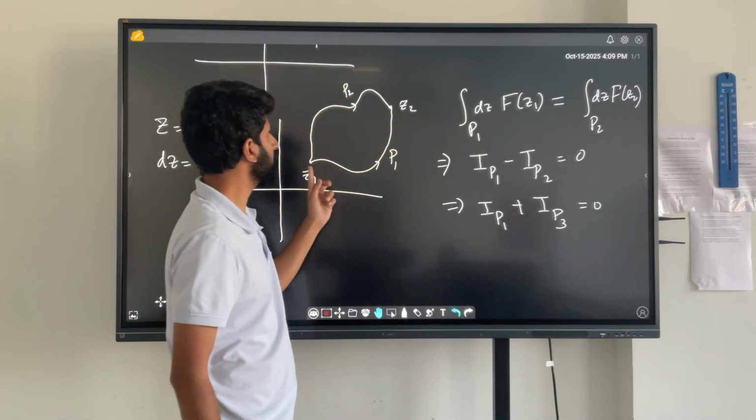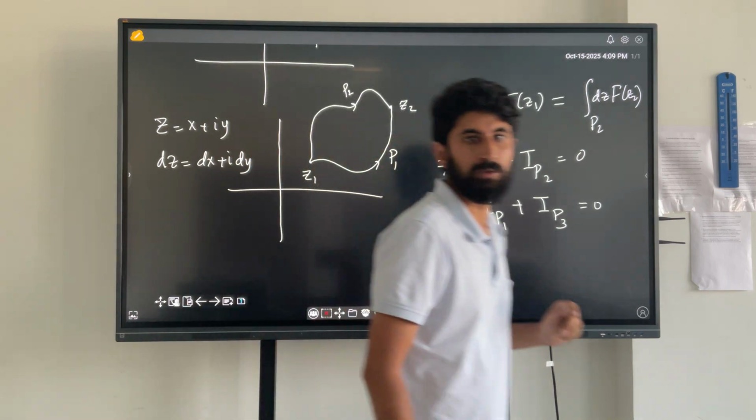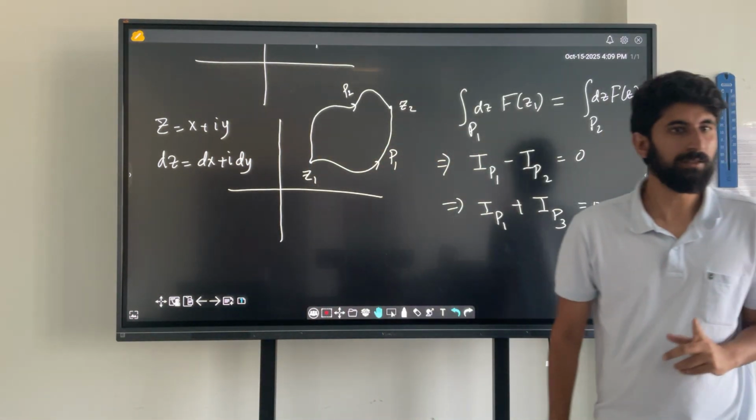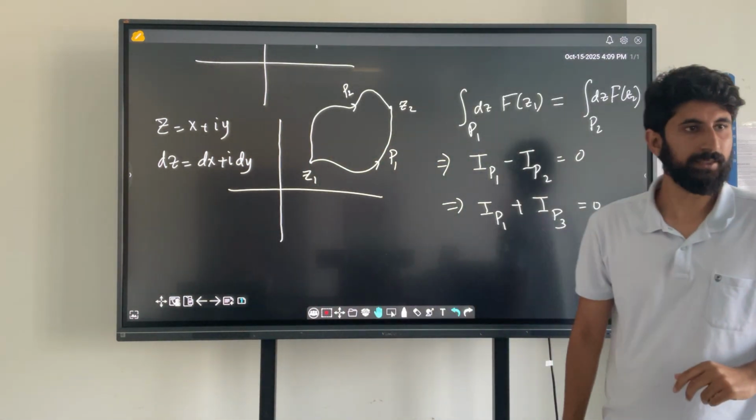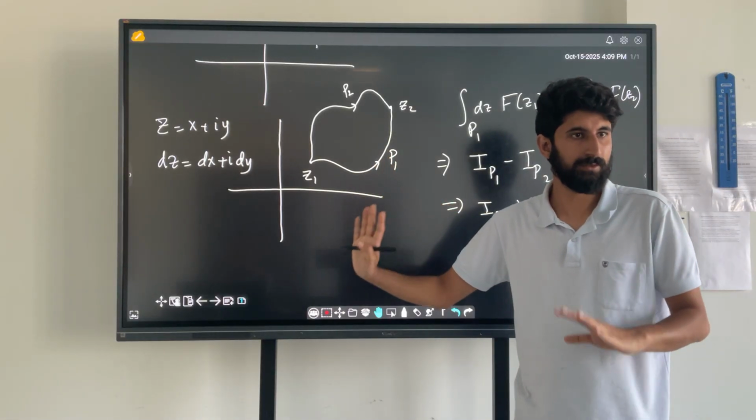What does that mean? I am integrating over a simple closed loop.